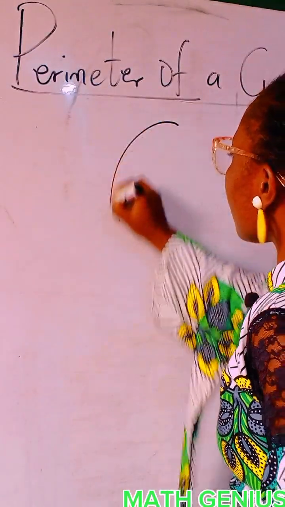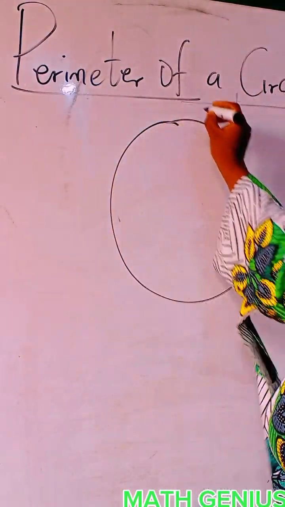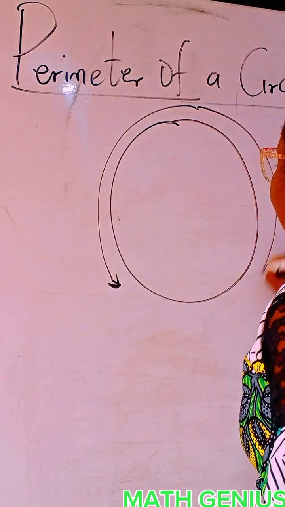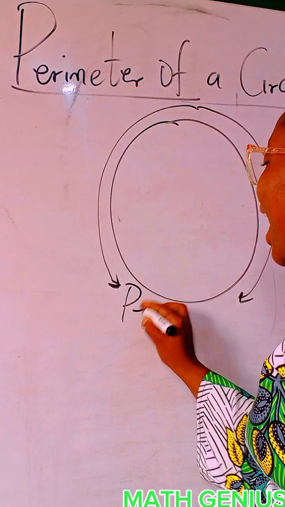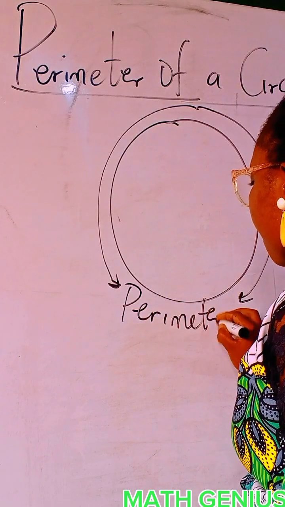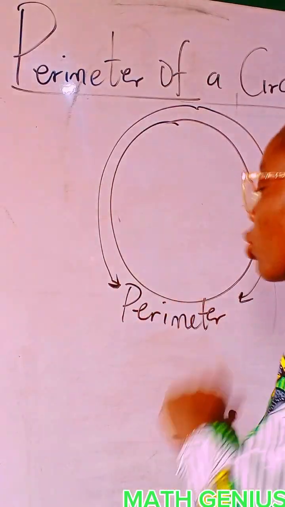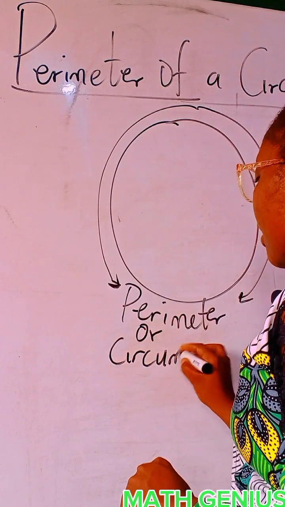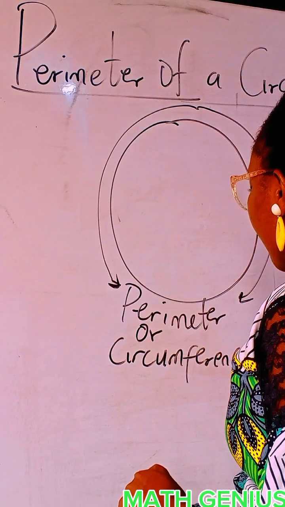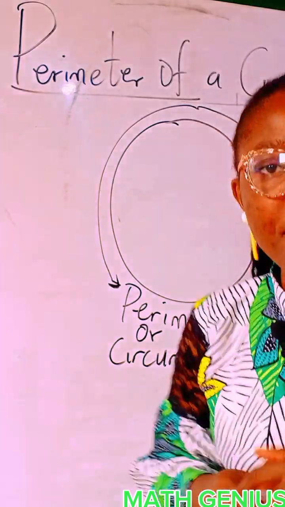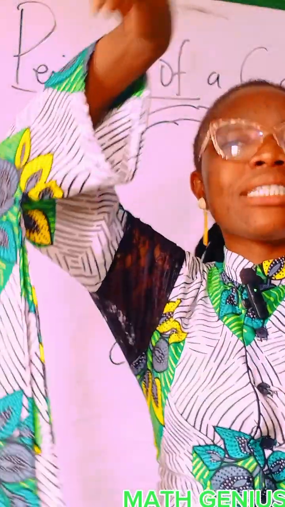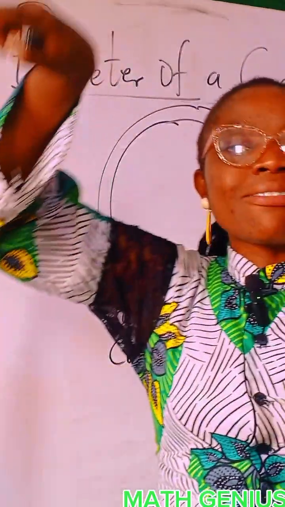Now remember, this is a circle. The distance around your circle is known as the perimeter. It's also known as circumference. So when we say perimeter, all we are saying is that we ought to find the total distance around your circle.